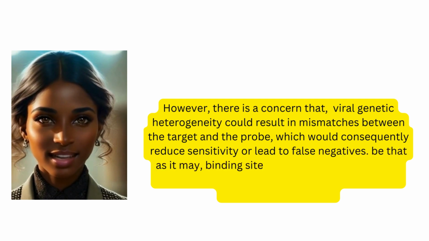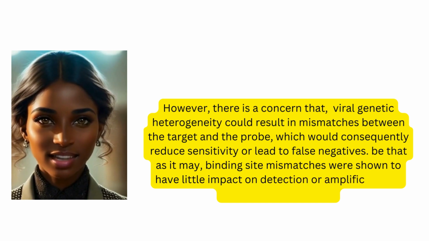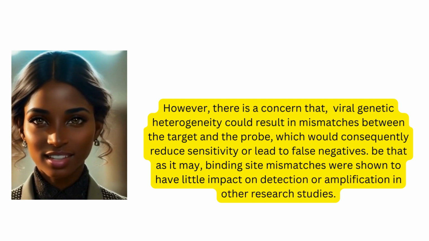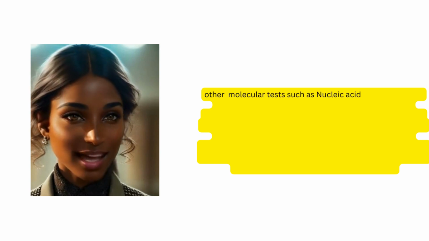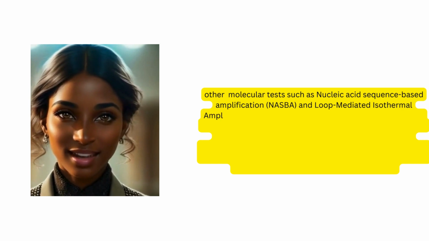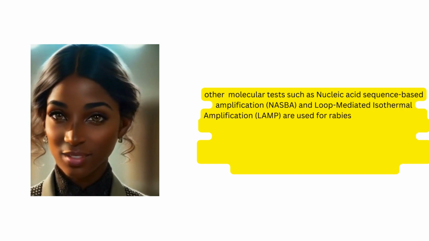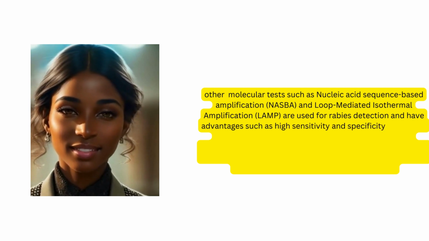Be that as it may, binding site mismatches were shown to have little impact on detection or amplification in other research studies. Other molecular tests, such as nucleic acid sequence-based amplification, NASBA, and loop-mediated isothermal amplification, LAMP, are used for rabies detection and have high sensitivity and specificity.